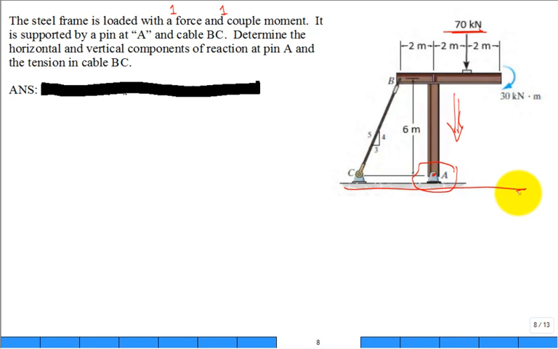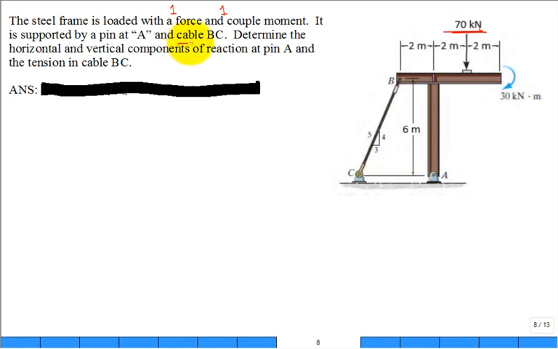It'll have a net positive push back up. Likewise, if something in the frame said, I want the whole frame to move to the left, the pin will have a reaction and it'll have a pushback in the positive X direction. So there you go. Hopefully the pin reaction makes sense.